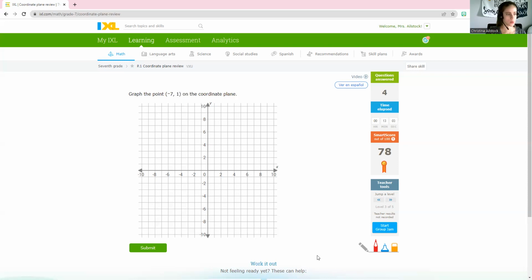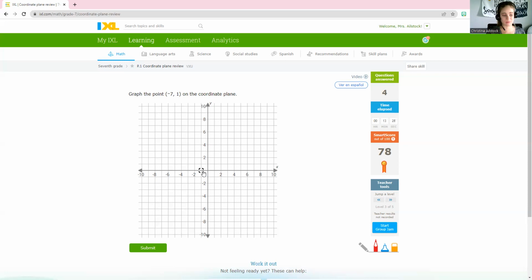All right, we need to now graph the point -7, 1. So remember, start at the origin. That first number, is it your X or your Y? The first number is your X, the second is your Y. So we're going to go over to -7. I don't see the number -7, but that's okay. We're just counting by twos, and it's going every other line.